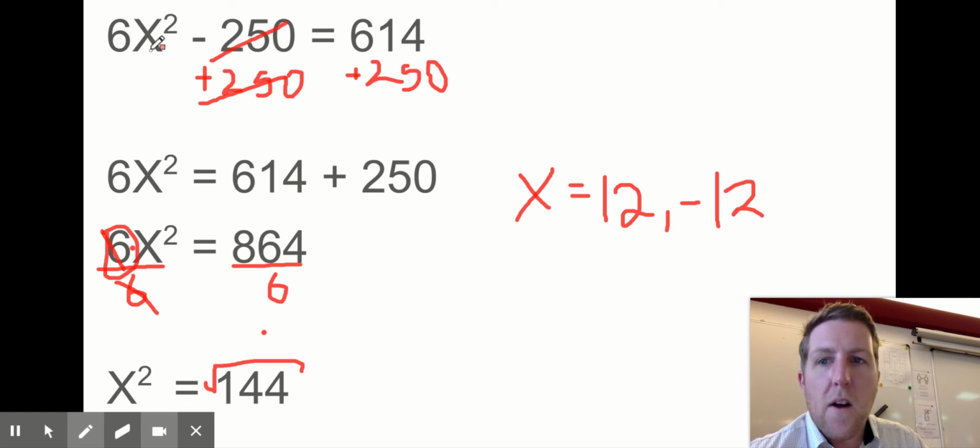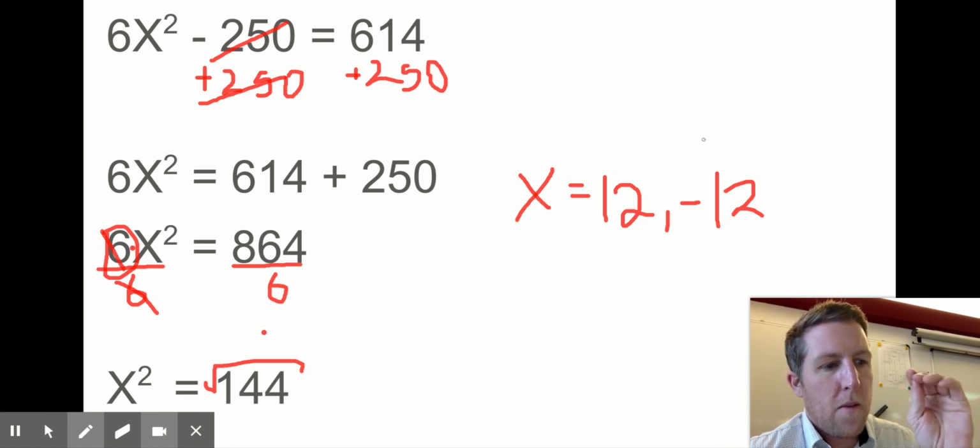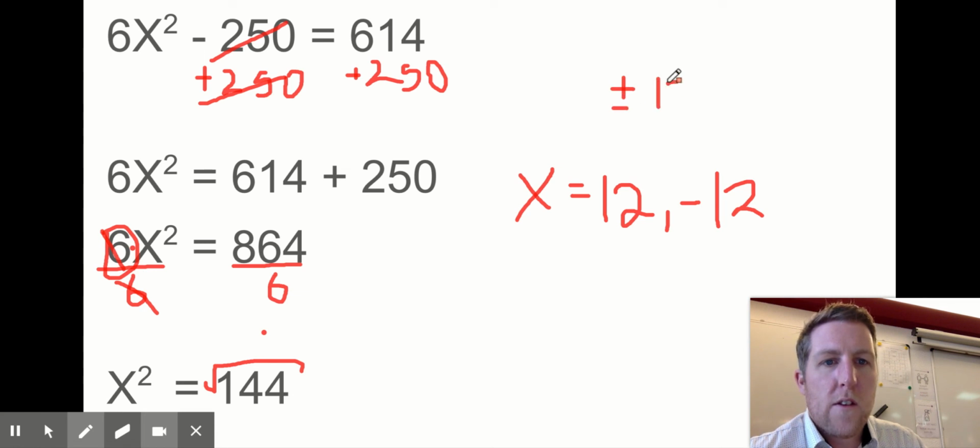So anytime you take a square root, you can get a positive and a negative answer. You'll notice sometimes in the answer sheet you have a positive and negative version, sometimes written like this, plus or minus 12, to show that we have two answers for the square root.